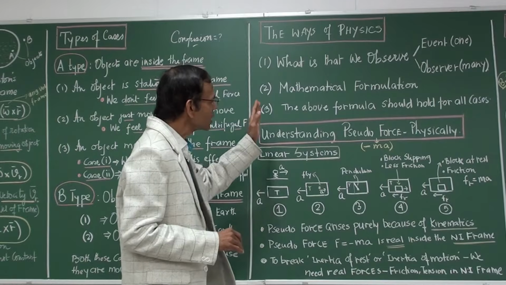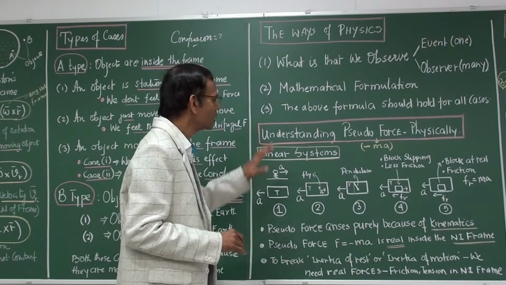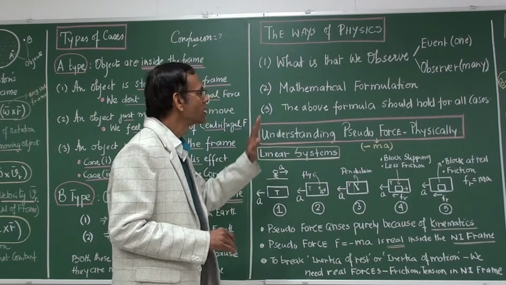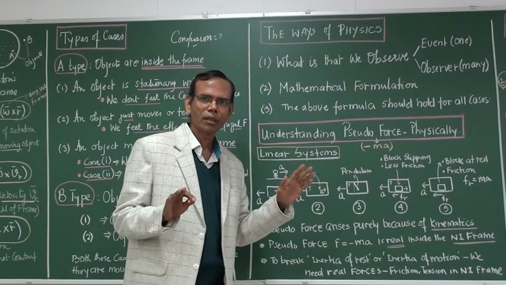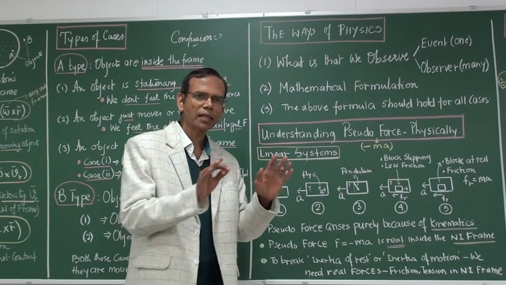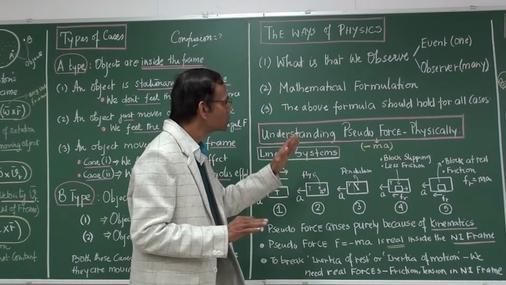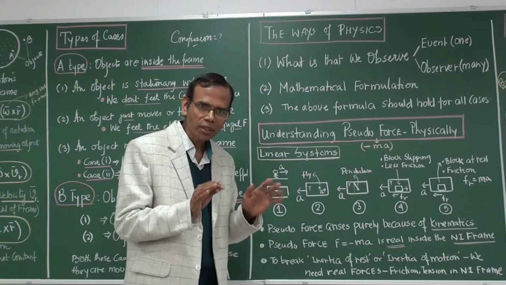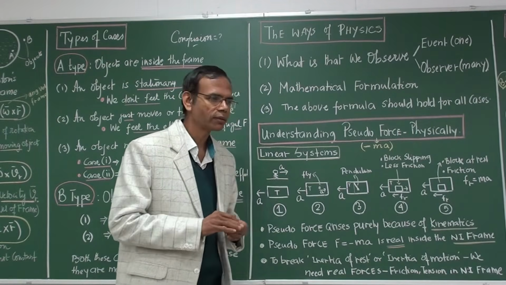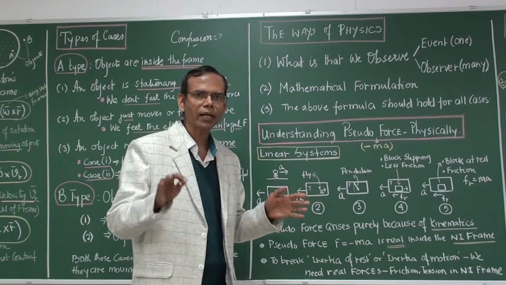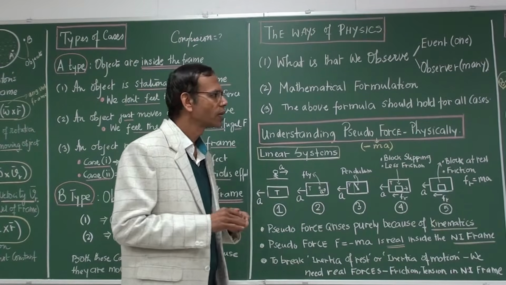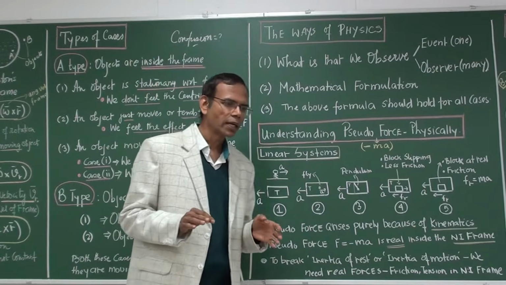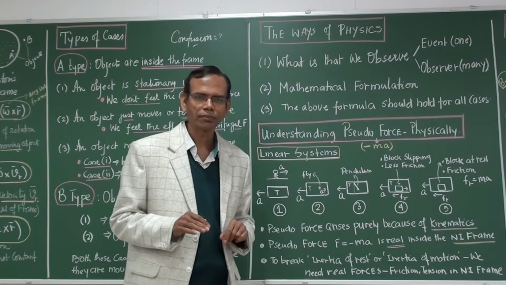Now, in exactly a similar manner in our discussion, there is an event or an object, that is one. The observer, the person who is observing that event, may be at different places. Suppose, for example, a person is standing at the station.